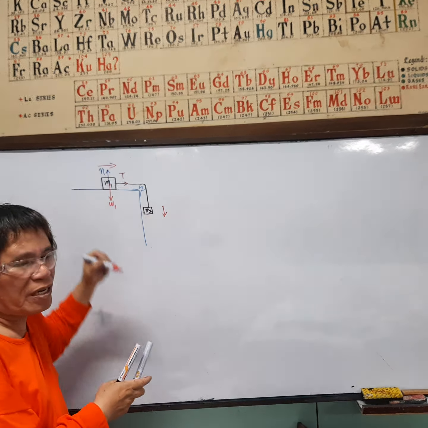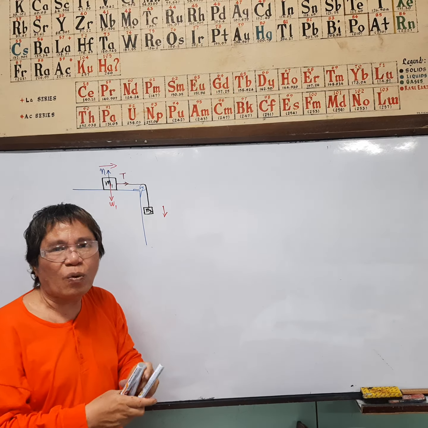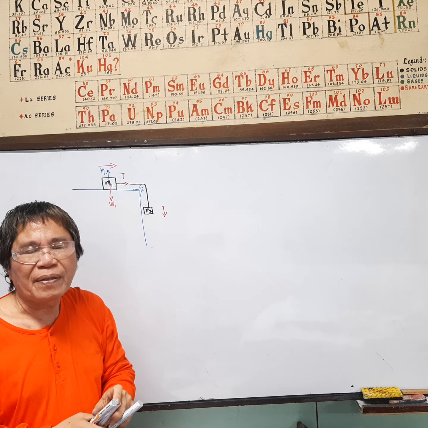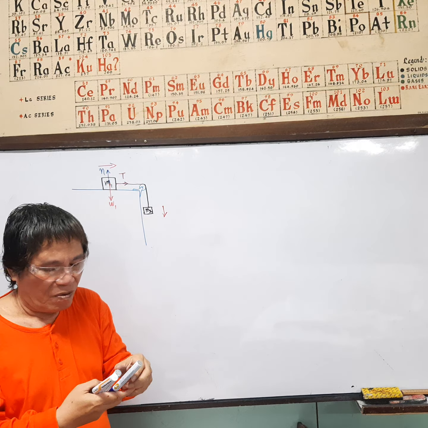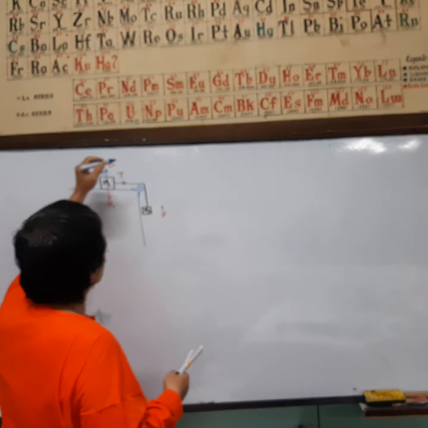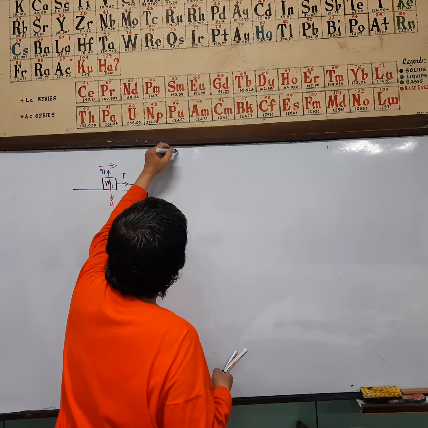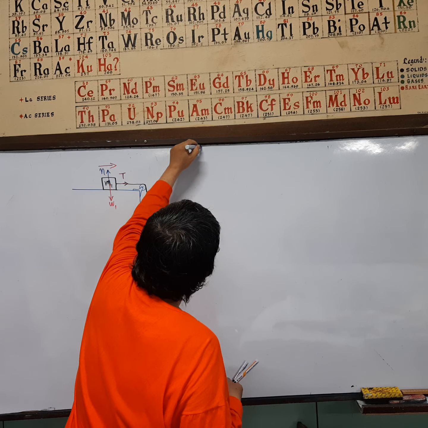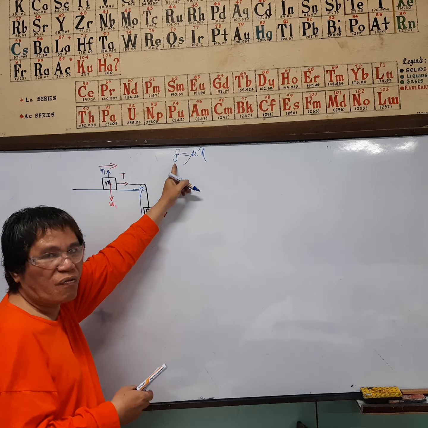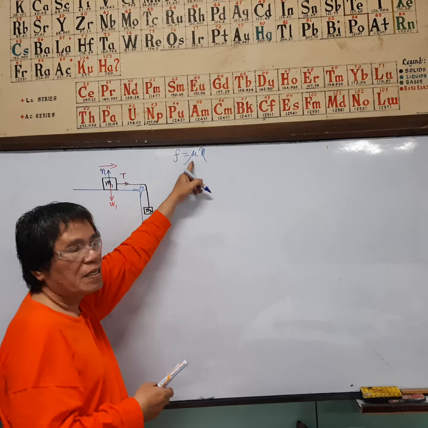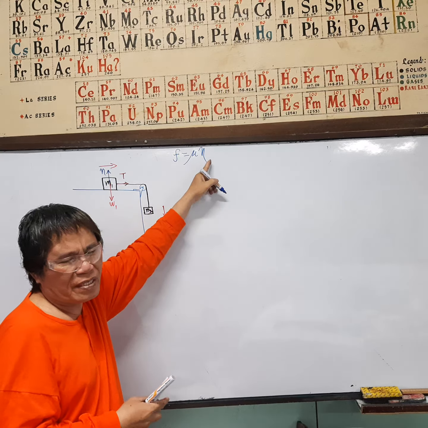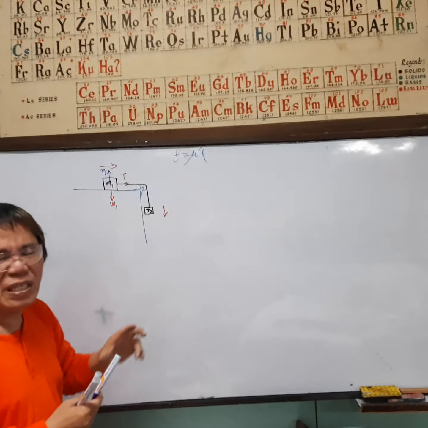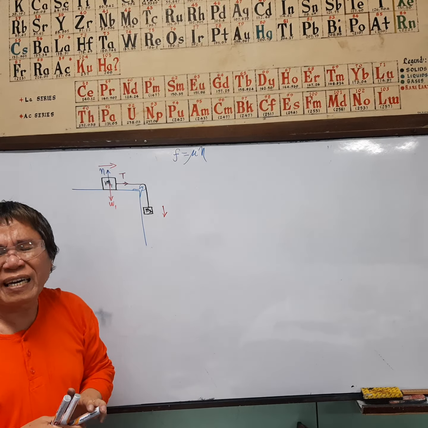If there is friction, then that is another story, because we cannot neglect the normal force anymore. Why? Because in friction, you have this formula: the force of friction equals the coefficient of friction times the normal force. And the normal force is the force exerted by the surface against the block.